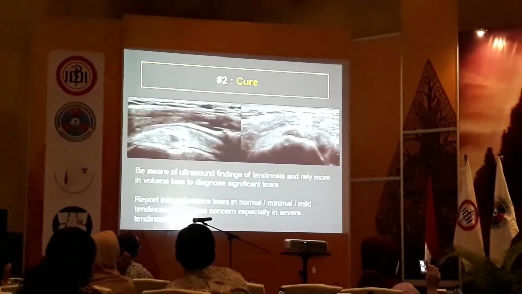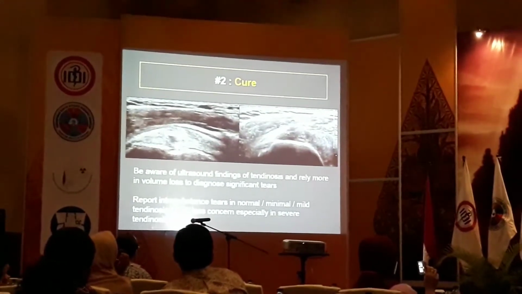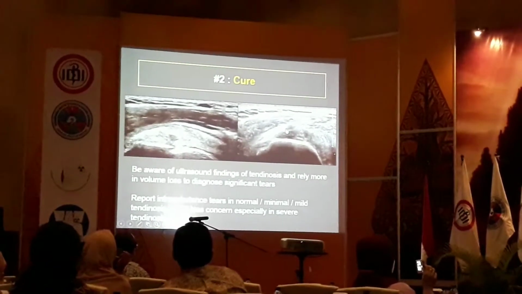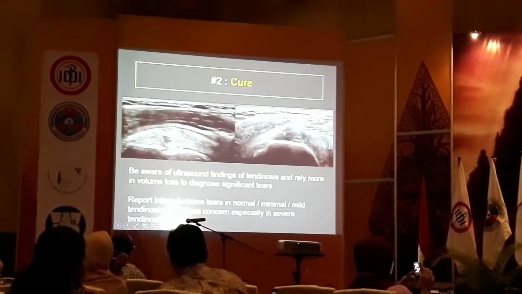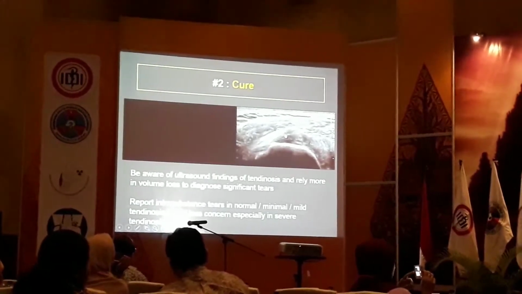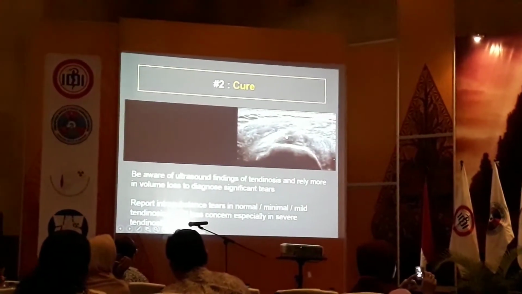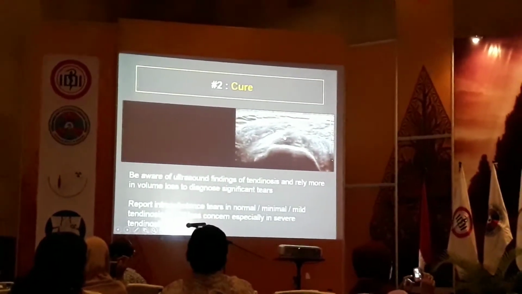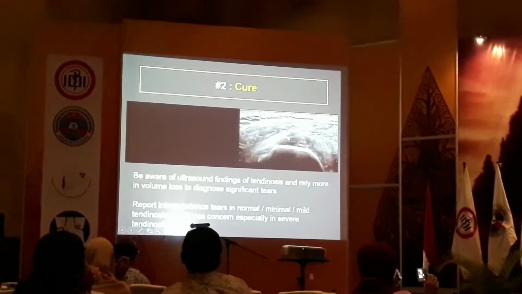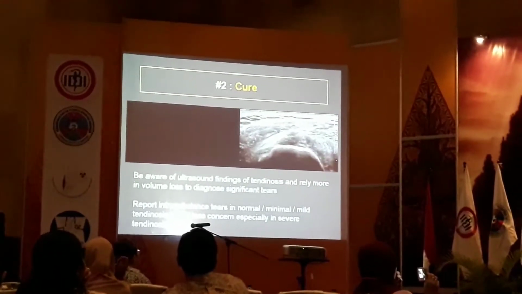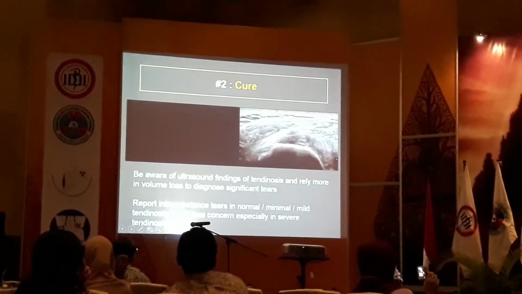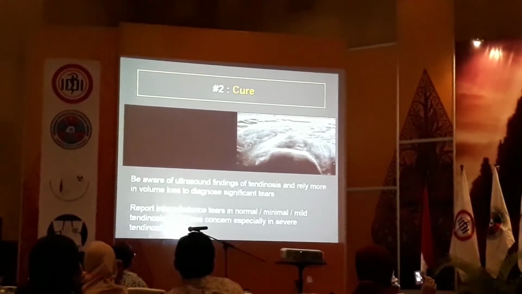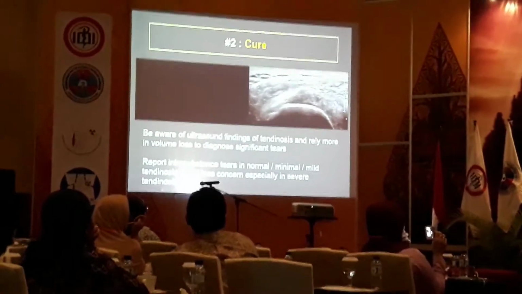When you look at people with severe tendinosis and you're looking for tendon tears, you've got to rely a lot more on the outline of the tendon. And here you can see this clear volume loss in this area. So when you see this volume loss, this is an indicator of a tear in this area. In people with moderate to severe tendinosis, rely more on localized volume loss rather than specific features.